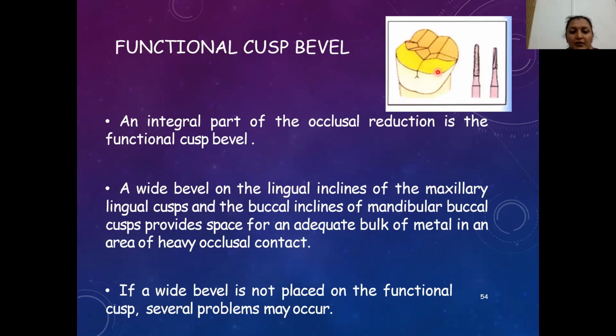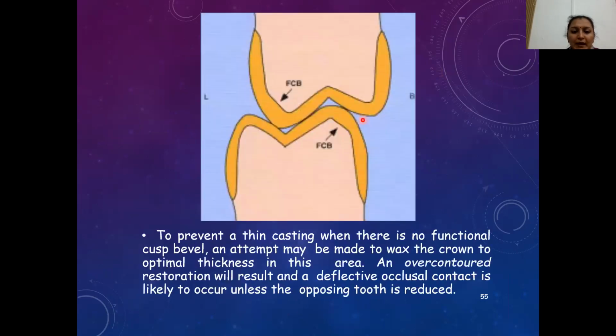If a wide bevel is not placed on the functional cusp, several problems may occur. To prevent a thin casting when there is no functional cusp bevel, an attempt may be made to wax the crown to optimal thickness in this area. An over-contoured restoration will result and a deflective occlusal contact is likely to occur unless the opposing tooth is reduced.